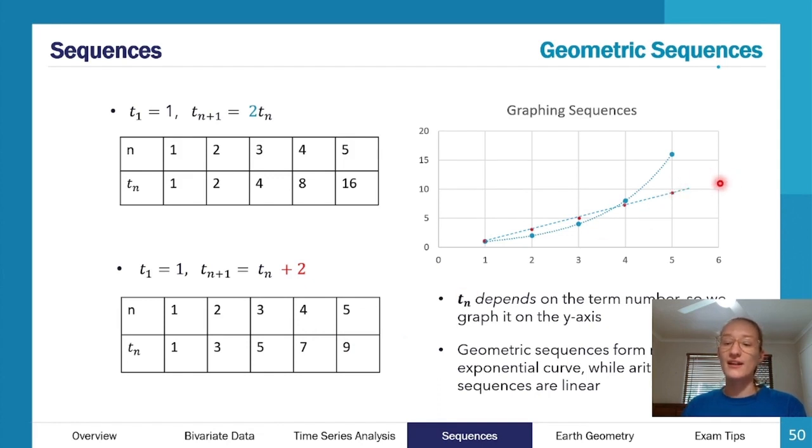So you can see that they're fairly similar in the early stages, but my geometric sequence is getting exponentially bigger. It's following that exponential curve, while our arithmetic sequence is going to follow that same linear trend forever, if we keep our sequence going indefinitely. So you can see just how different arithmetic and geometric sequences are, and when you graph them, you really see the pattern.